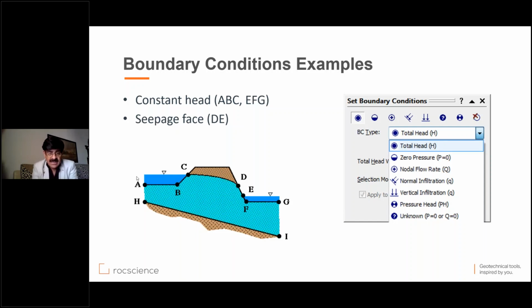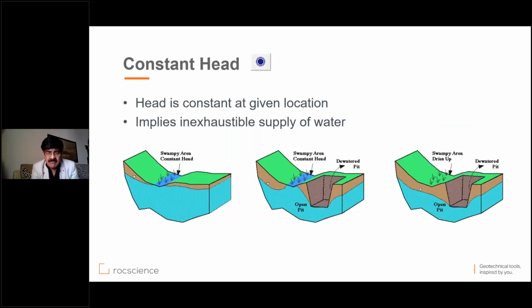Those are the constant head conditions which can be specified. Let's see a little bit more about this. Here is an example of a swampy area, and this could as well be a river with a constant head, and that's a constant head situation.